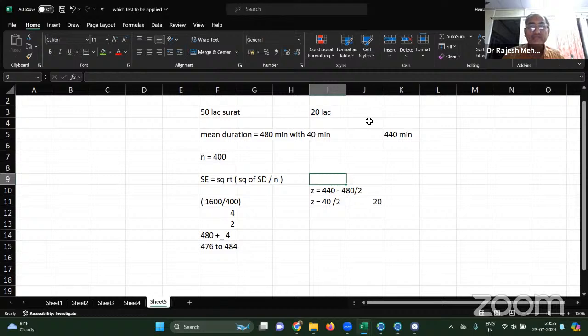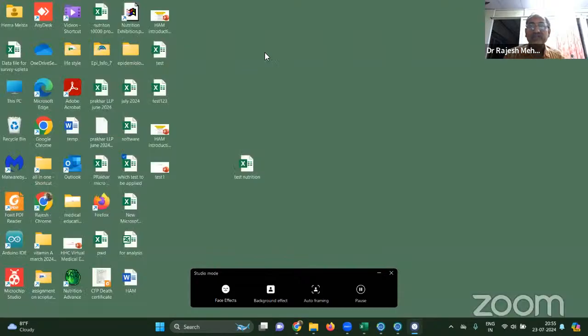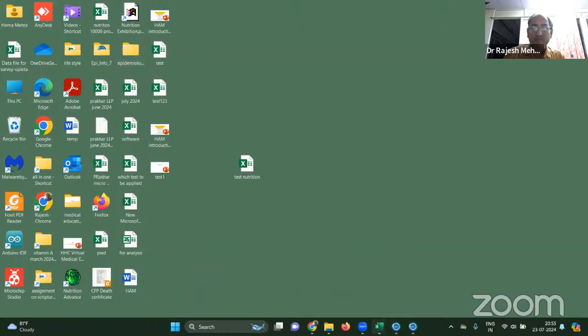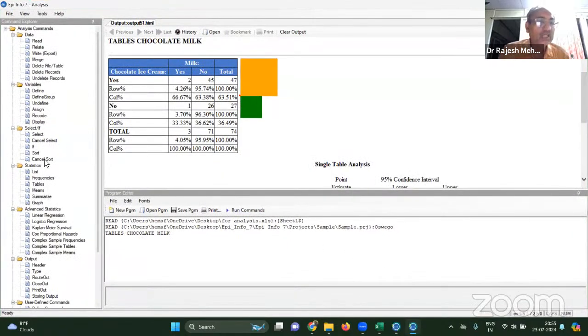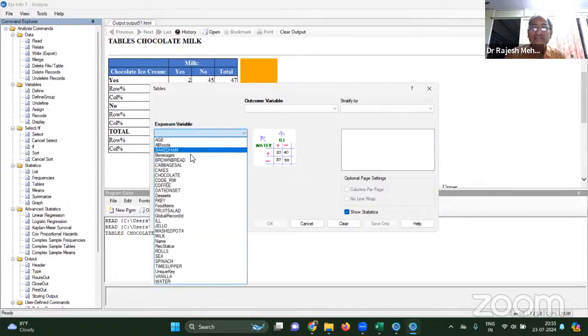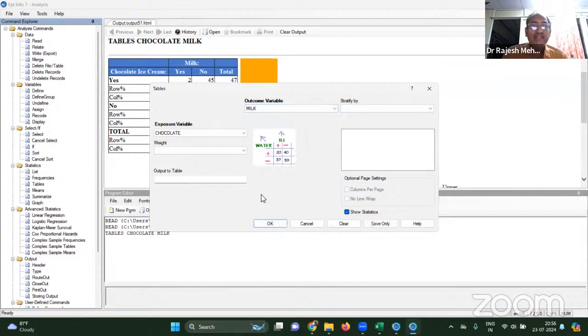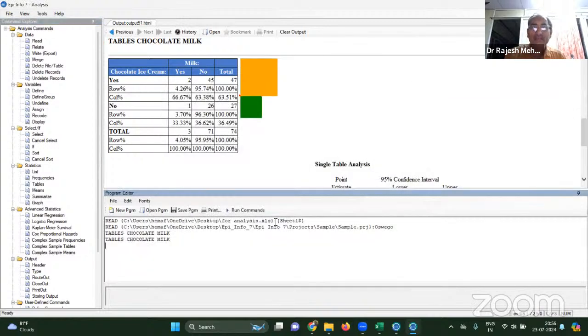Okay, then let me switch over to the various parameters where we'll be using what kind of variables. Again, we go back to our example of Oswego. When you want to compare two variables, where you can find out the proportion, chocolate versus milk, try to use the command tables.